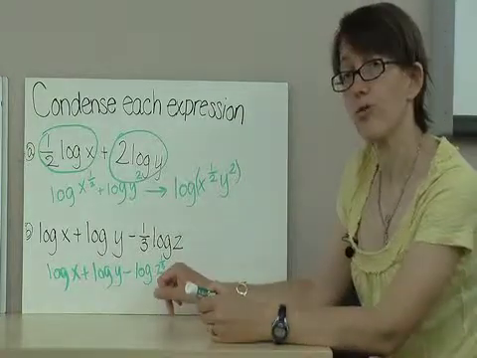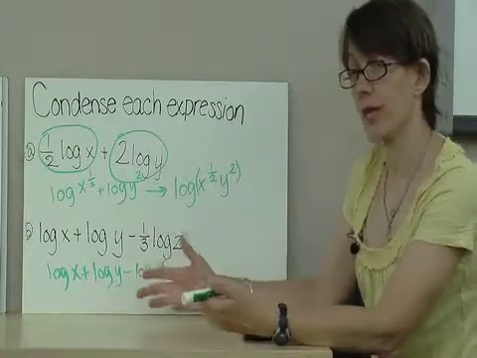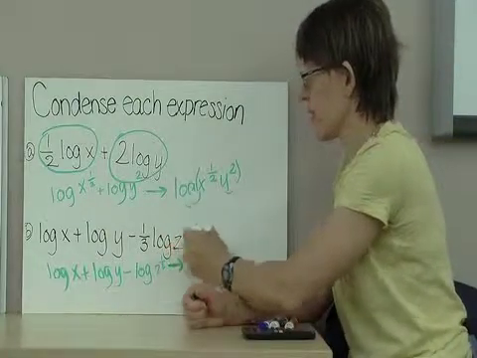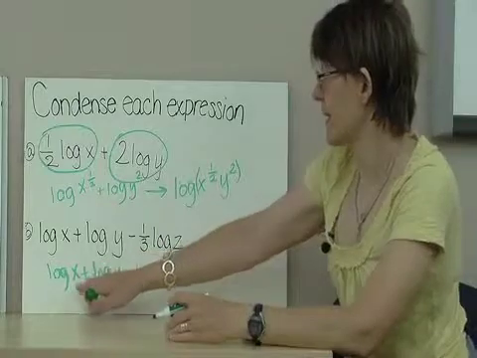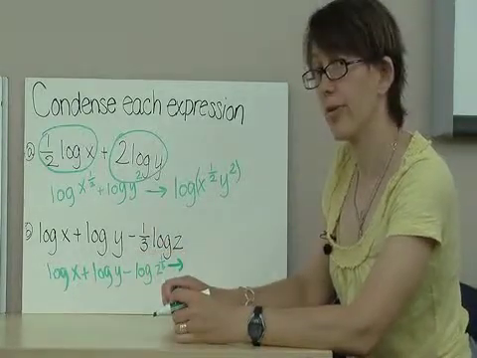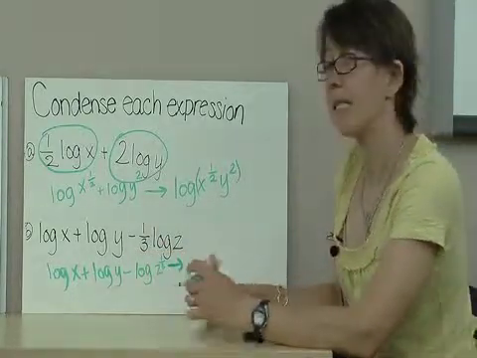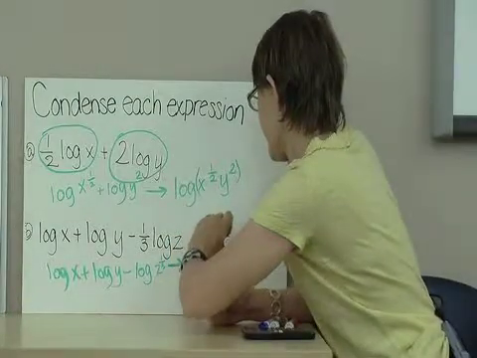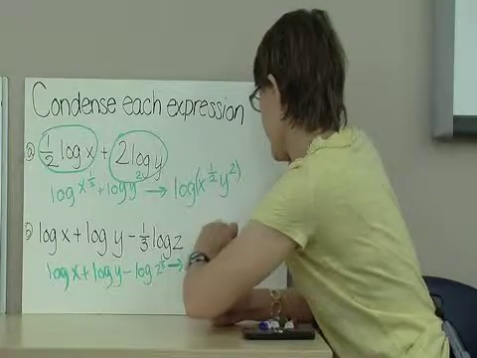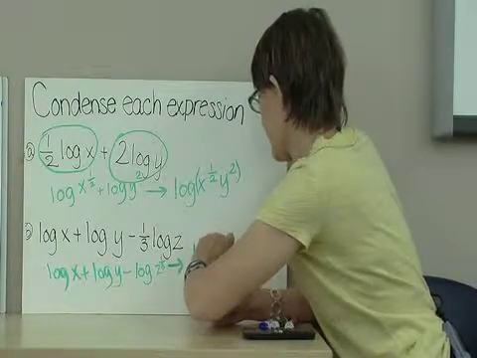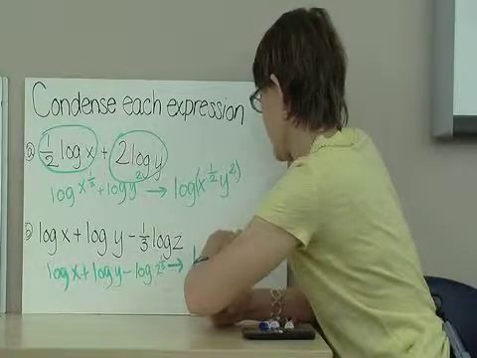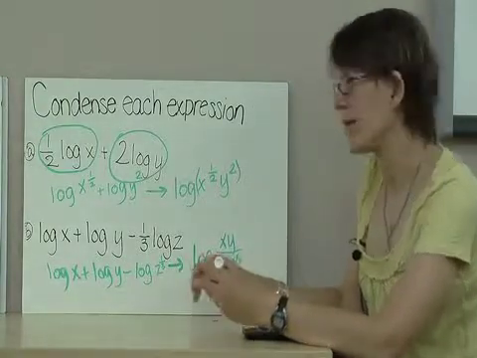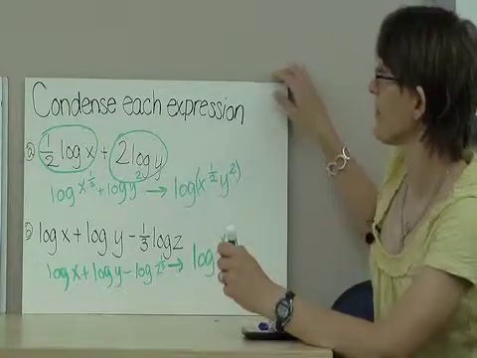You can, of course, write cube root of z. It doesn't really matter to me. Z to the 1/3 is just fine. So now I see I'm going to have a product of these two divided by z to the 1/3. And that's my final answer, a logarithm of a single argument.